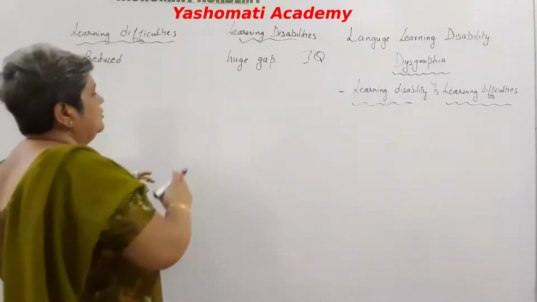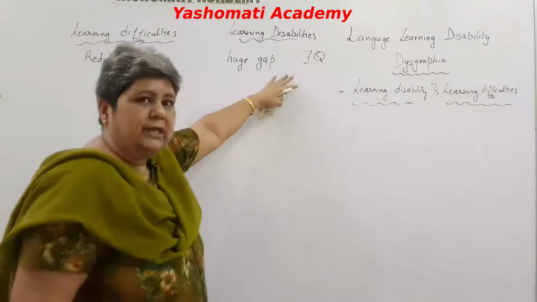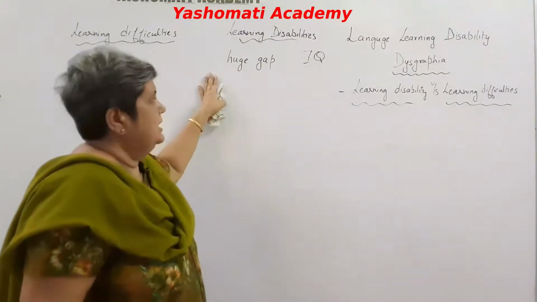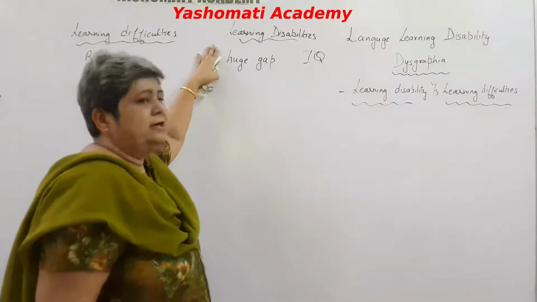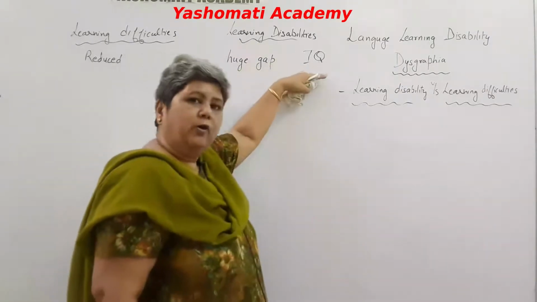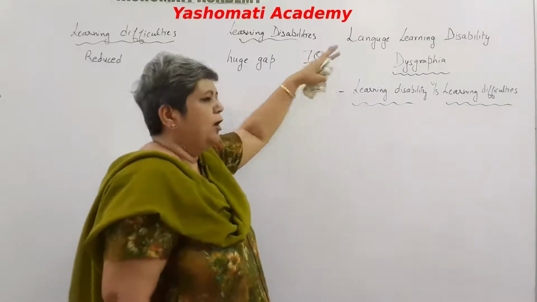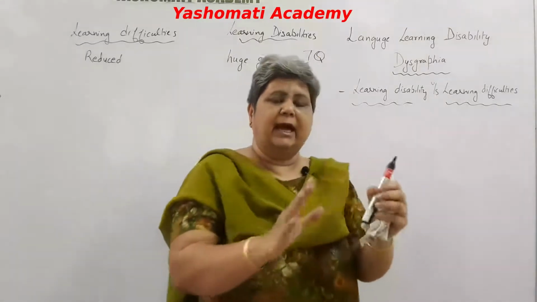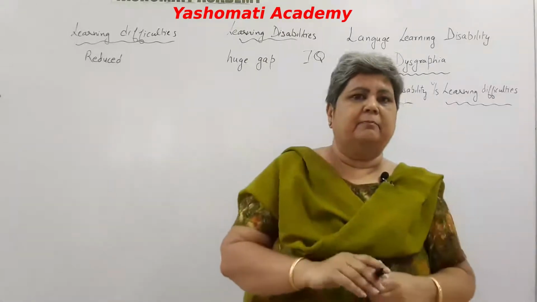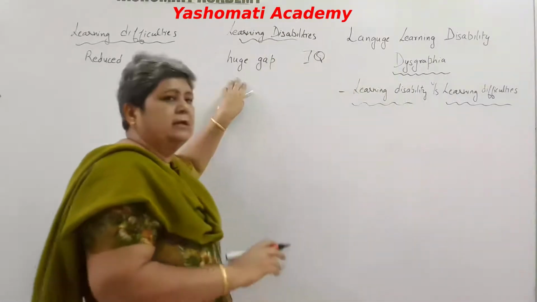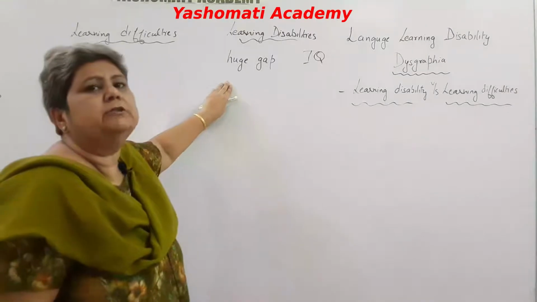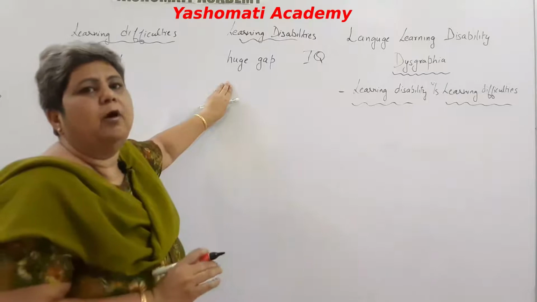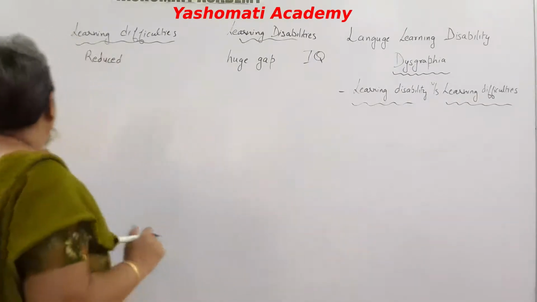So if IQ is below 70, usually such children are not counted in learning disabilities. Usually learning disability students have got good IQ. By all the intelligence quotient, we can understand that they have a lot of ability. But when we look at their performance, there we see a huge gap. So what we expect from them, they are not able to perform according to that.